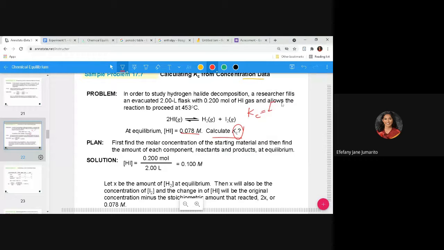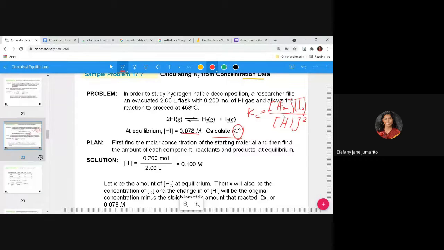When we are asked for the equilibrium expression, it's product over reactant, right? Yes, ma'am. H2 times I2 over HI to the power of 2. So this is your Kc.